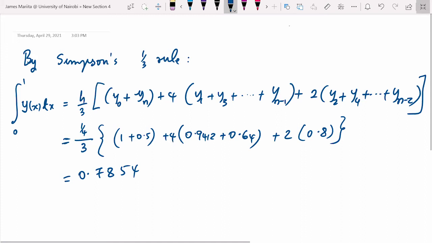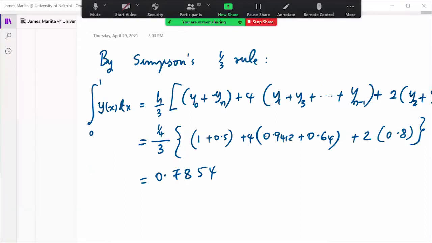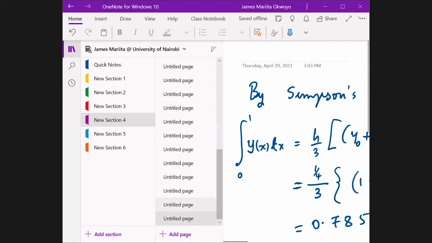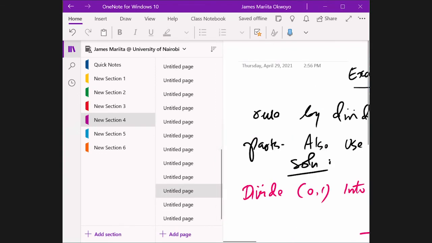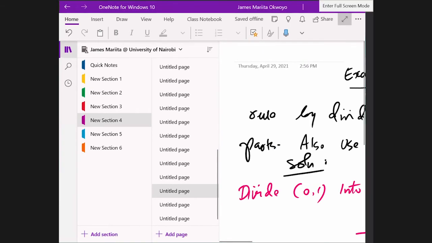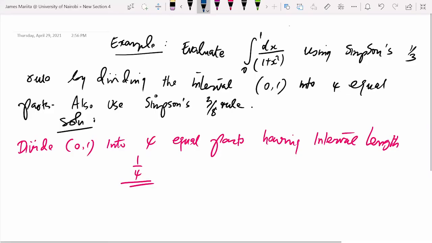This is where we are. We have to estimate the value of that integral using Simpson's 1/3 rule. And then we are required to divide the interval into 4 equal parts. Then we are supposed to use the 3/8 rule. So what is the question again?